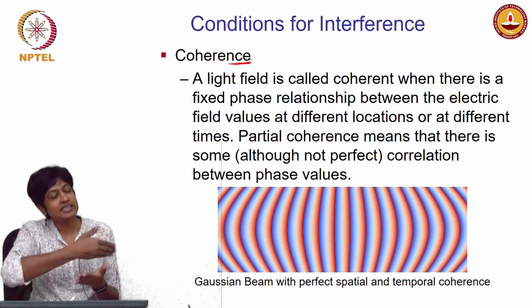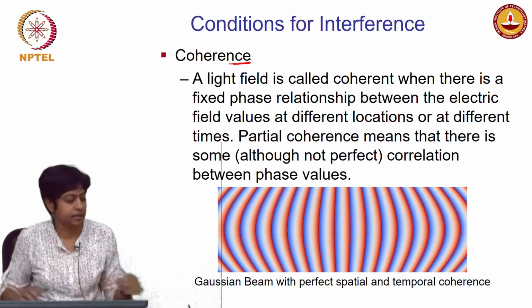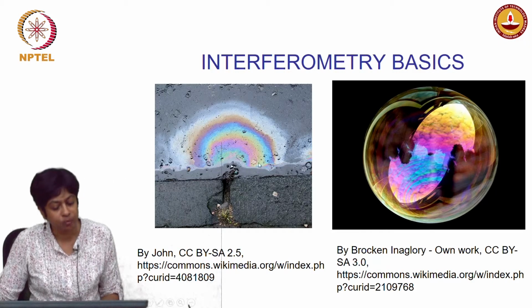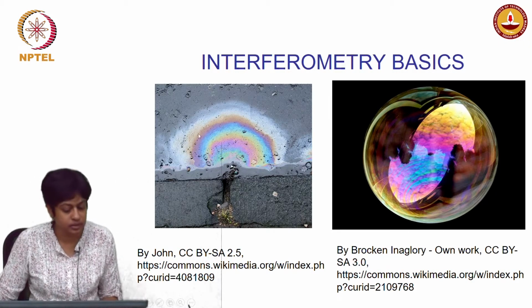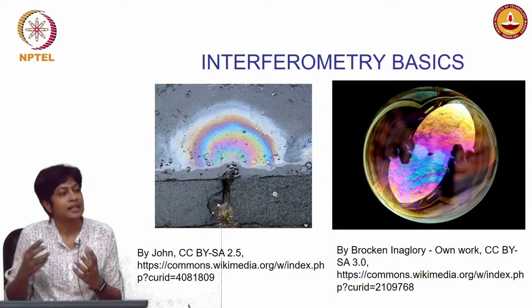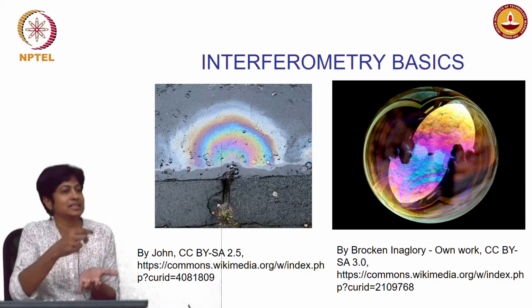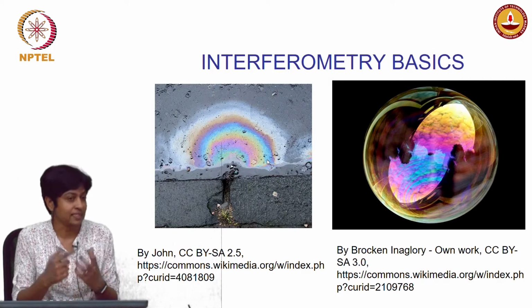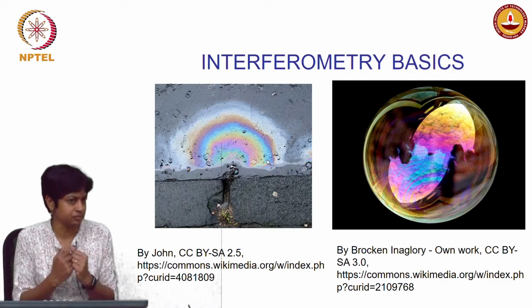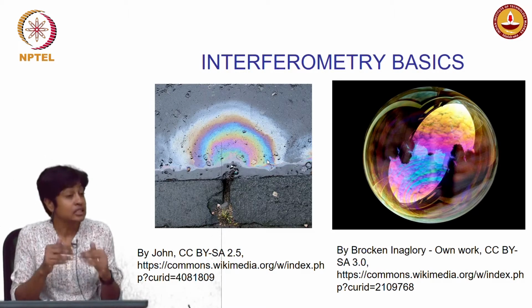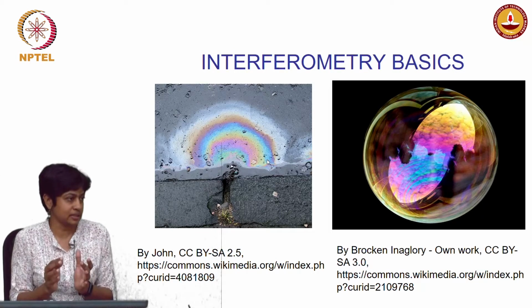If you see this image over here, you have one region which is all blue, another region which is all magenta, another region which is all one particular color. That means some condition is satisfied in that region for that wavelength, and that's why that wavelength has become visible to us. And that condition is not satisfied for the other wavelengths in that region.